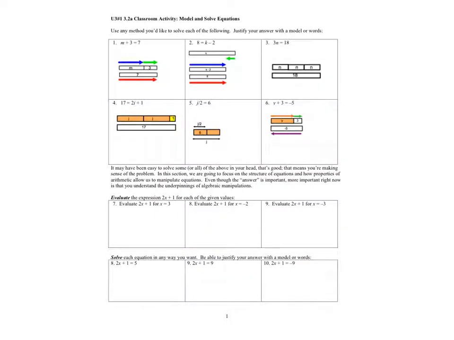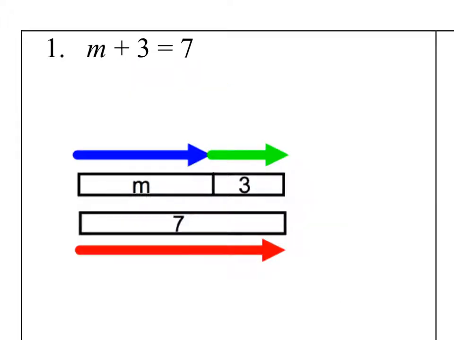Alright, we're going to use models to solve these first few of these. And then you guys are going to love it because these ones are colorful. Like this one, right? We got n plus 3 equals 7. So on these, this is the model that they gave us. Notice that the 7, right, we're going to take the 3 off of the 7. So how much is left in this bar?